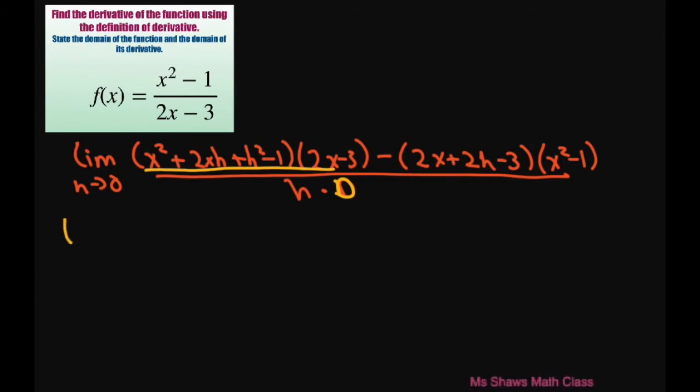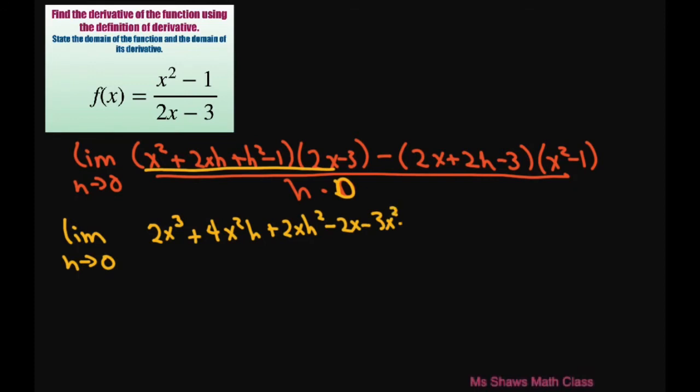This is going to be the limit as h approaches 0, and this is going to equal 2x cubed plus 4x squared h plus 2xh squared minus 2x minus 3x squared minus 6xh minus 3h squared plus 3. All right. Now we have to do this one.